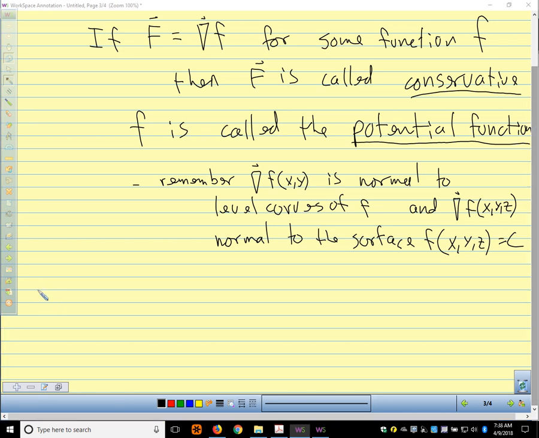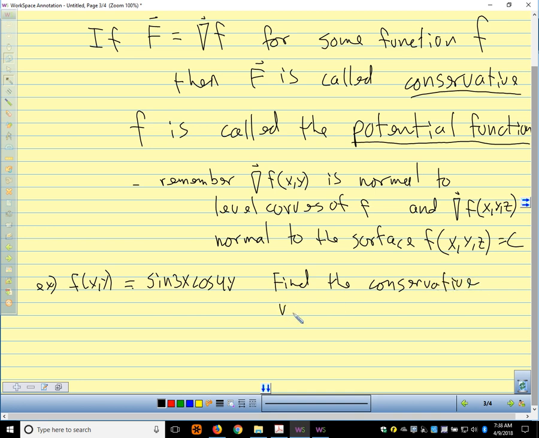So if you had a problem, and you will have some of these on your homework, if it said f of x, y equals sine 3x cosine 4y, and it says find the conservative vector field for the potential function.